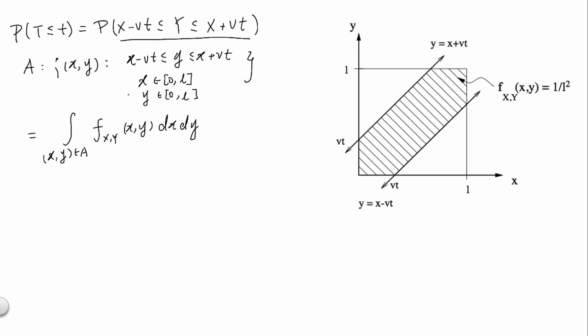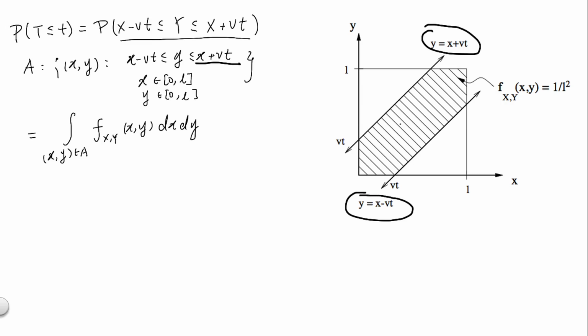Let's now evaluate this expression in a graphical way. On the right, we're plotting what we just illustrated, where the shaded region is precisely the set A. As we can see, this is a set of values of X and Y, where Y is sandwiched between two lines, the upper one being X plus vt, and the lower line being X minus vt.